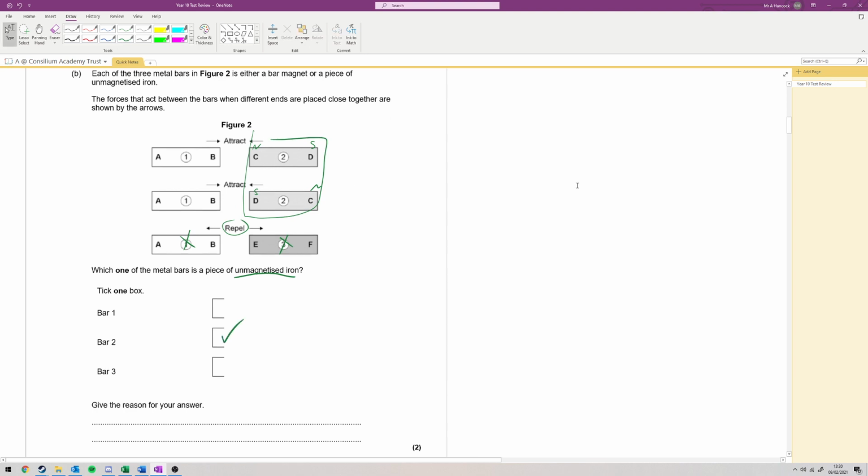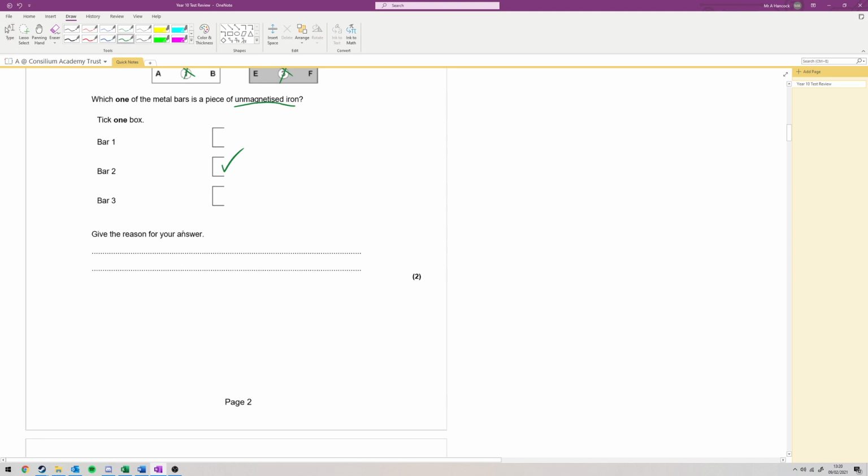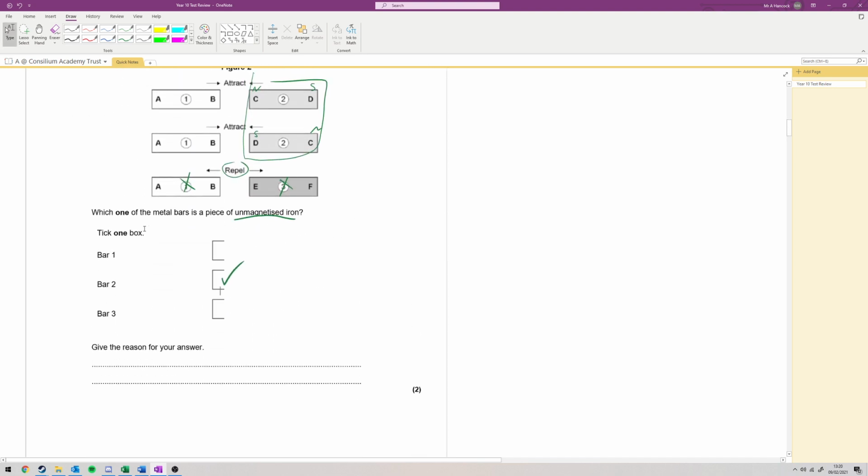So it's bar 2. You could say anything like when you flip bar 2 it attracts both ways. So the same end of bar 1, I'm going to write end B, this end here, attracts both sides of bar 2.